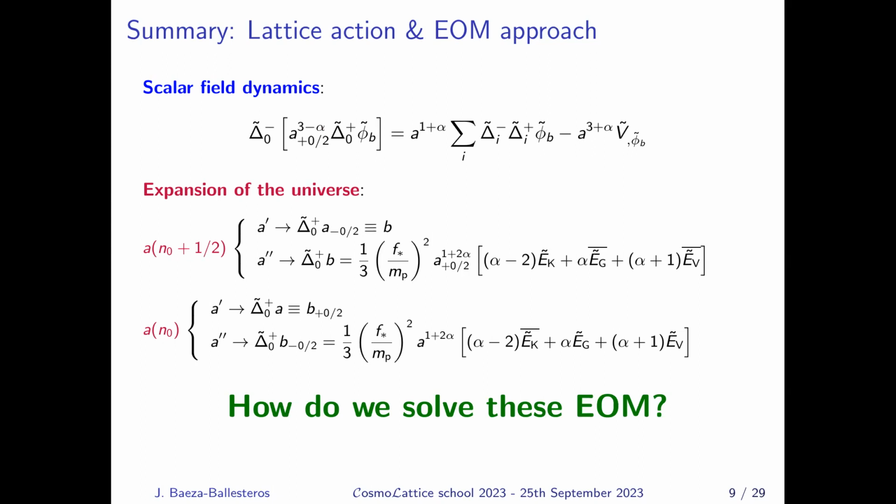This is what I'm going to cover in the rest of this session: the numerical algorithms that one can apply to solve this equation of motion. But before going on, I would like to ask you again if you have any question or there's something you want me to comment more about.